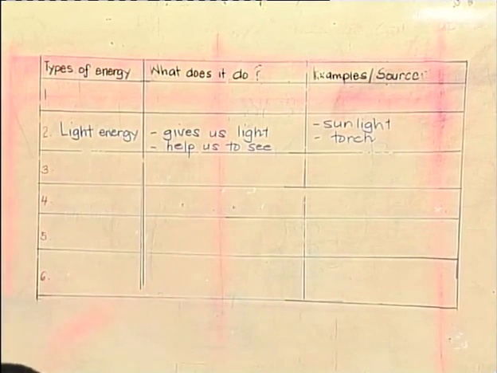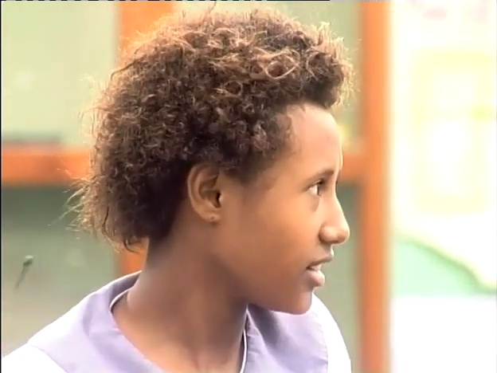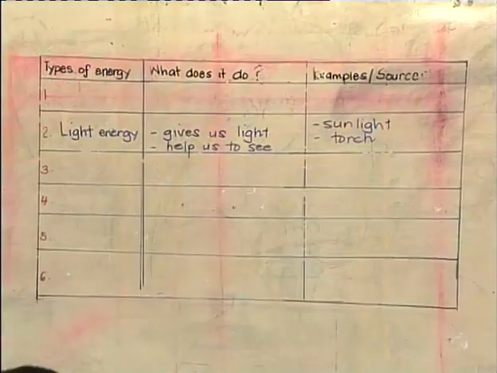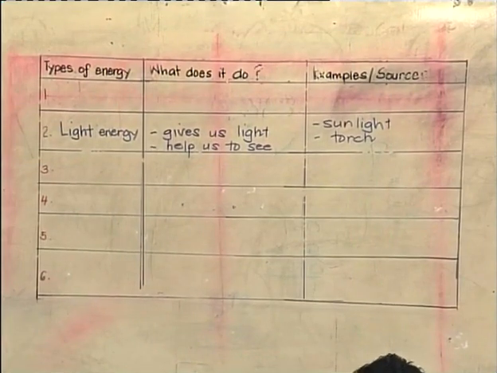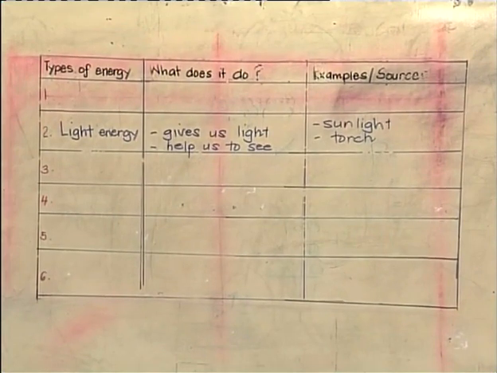Okay, let's move on. Number 3. Helen, thank you. Television. Good try. I'm asking for the type of energy or forms of energy that we have looked at in our last lesson.